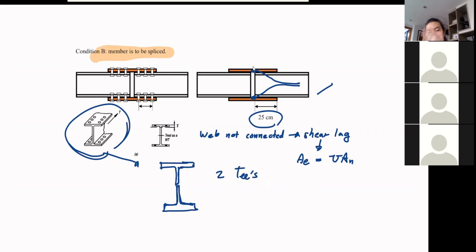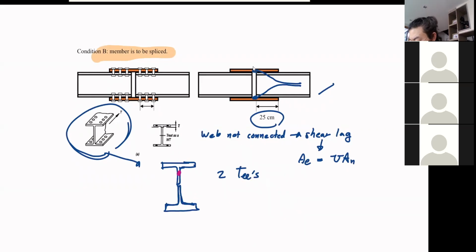And so therefore, now your force will have to travel from the centroid of this T section to where the connection is. So that becomes our X bar. Okay.